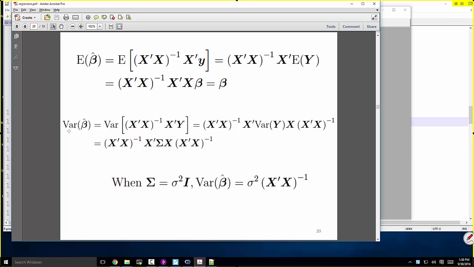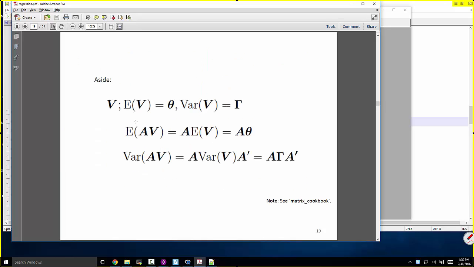And I also wanted to show what the variance covariance matrix of beta hat is. This is the variance of the expression for beta hat. And I have on the previous slide the variance of a matrix or vector of constants times some random vector equals A, the matrix or vector of constants, times the variance of the random vector times A transpose.